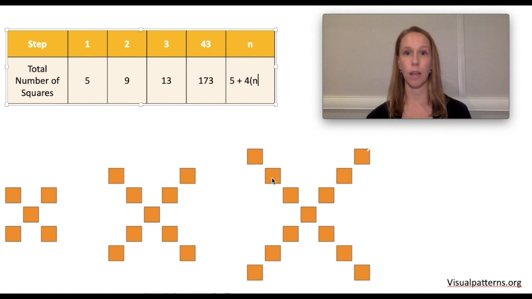So if I were on the nth step, I would subtract 1 to figure out 1 less, and that would give me the number of squares in each part of the pattern. To check that, I can plug in 43 as my step number to this expression that I've created. 43 minus 1 is 42. 42 times 4 plus 5 more is 173, so I know that I have done that one correctly.